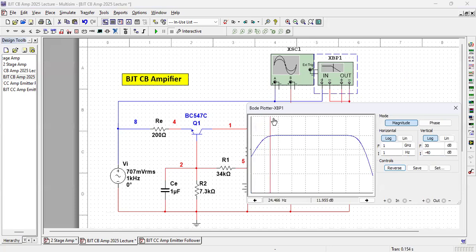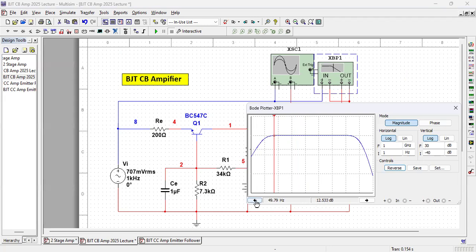Now let's go to the mid frequency where the gain is flat. I find that the gain is 12.79 dB. Lower cutoff frequency is defined as 3 dB less. So 12.79 minus 3 will be 9.79 or 9.8. So let us see where it is 9.8.